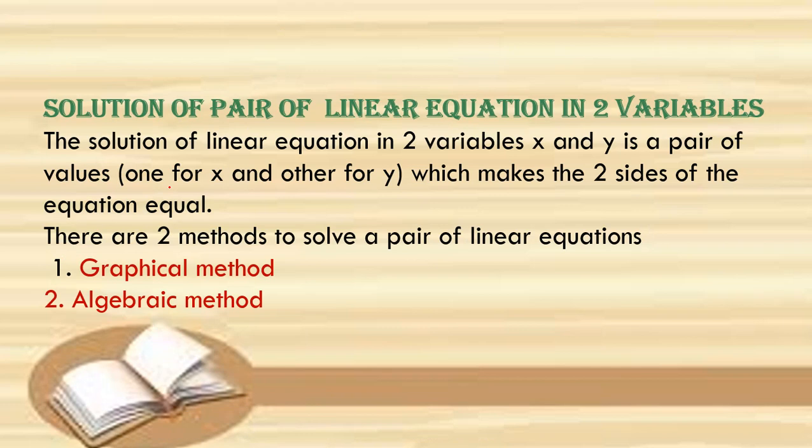In the sense, the solution of a linear equation in two variables x and y is a pair of values, one for x and another for y, which makes both sides of the equation equal. That means the same values for x and y satisfy both the equations, so that is known as the solution of linear equations in two variables.